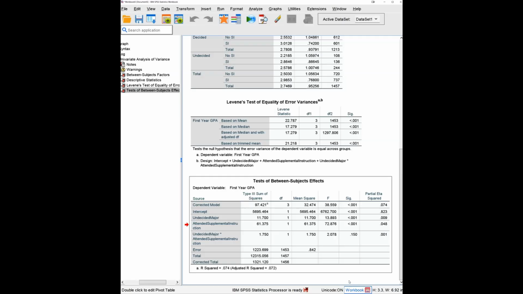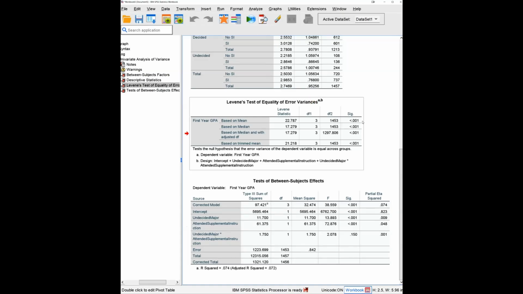But there was no significant interaction per the p-value that is not below 0.05, meaning SI helped both undecided and declared students similarly. So while both factors matter, SI is a universal boost, not just for those without a declared major.